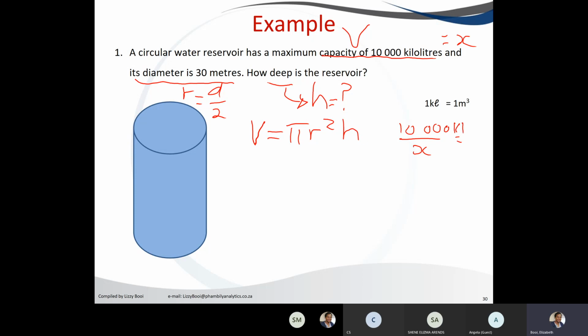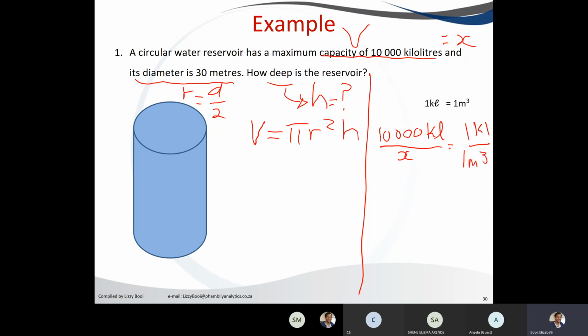Let me write it somewhere nicer and bigger. So we know that 10,000 kiloliter divided by x, and we can safely say 1 kiloliter is equivalent to 1 meter cube.